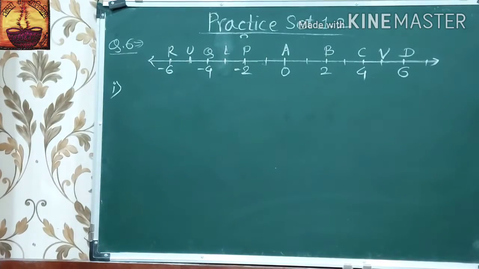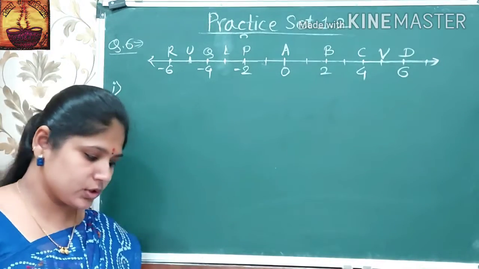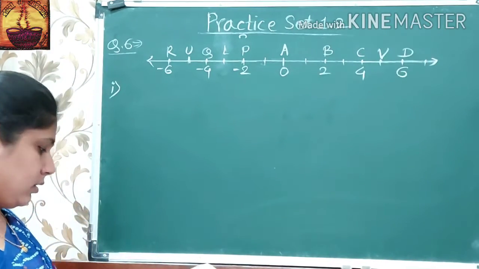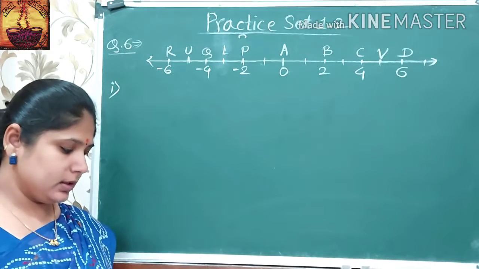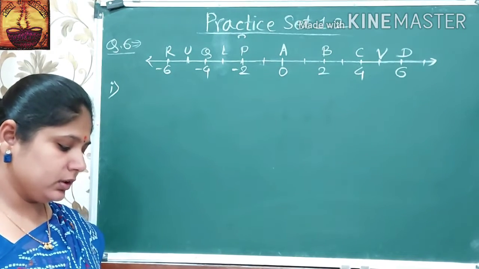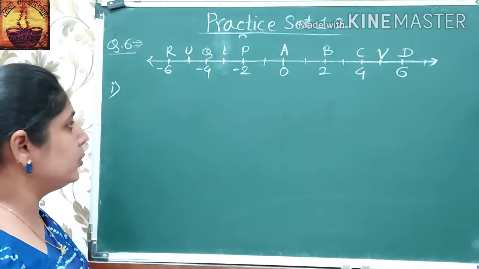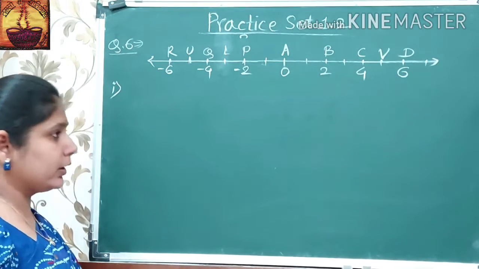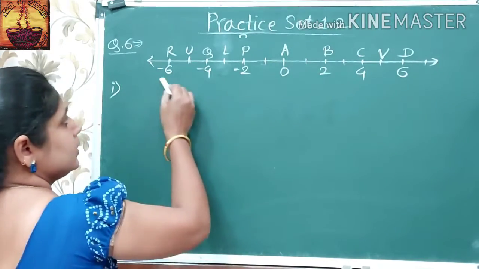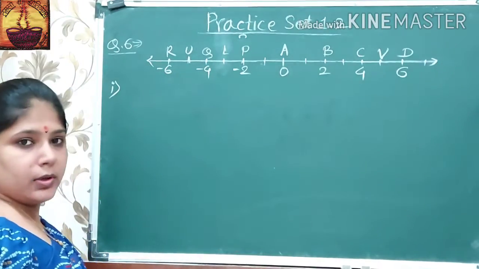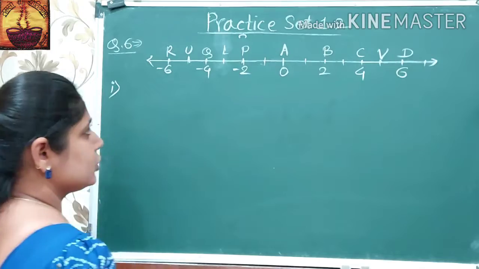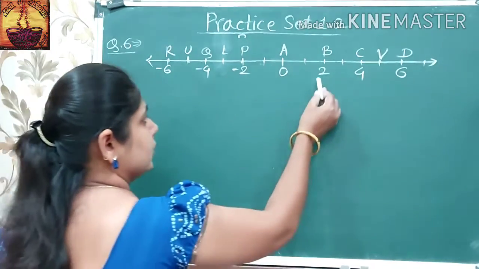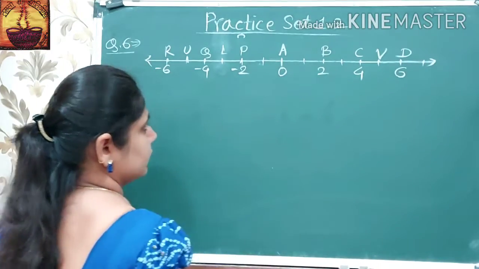Now the sixth question is, answer the questions with the help of the figure. The first question is, state the points which are equidistant from point B. It is a number line, and on a number line each interval is of 1 unit.